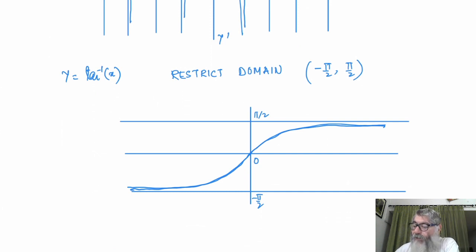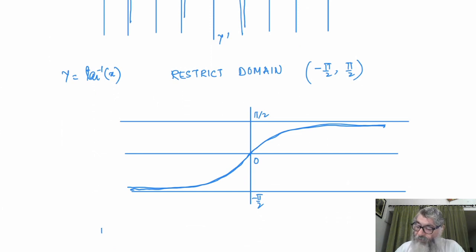If you draw a vertical line and apply the vertical line test, you will realize that the curve will be cut by a vertical line at only one place. So it is a function. Tan inverse x is a function.